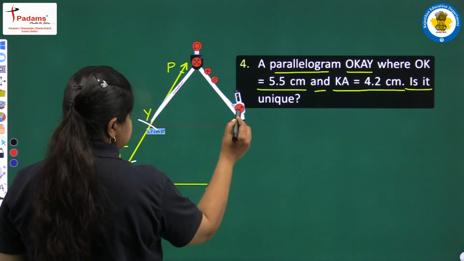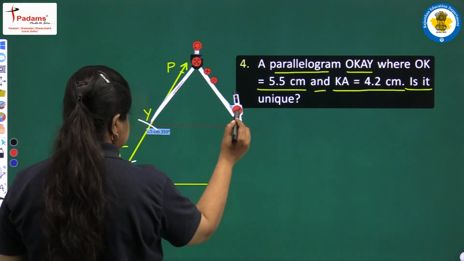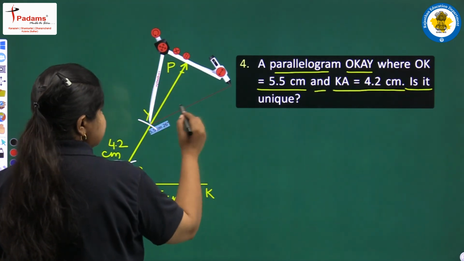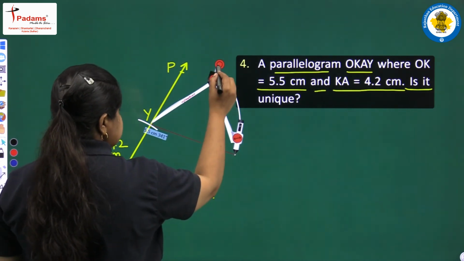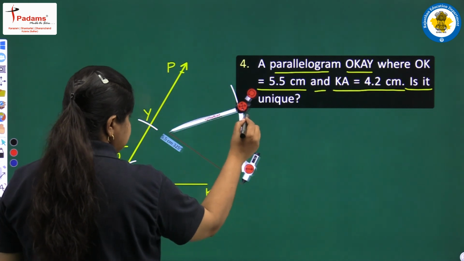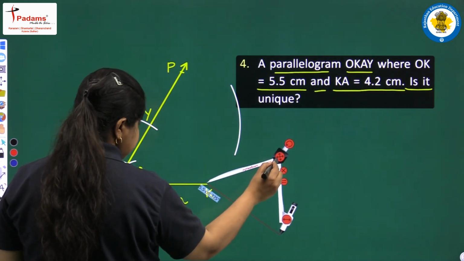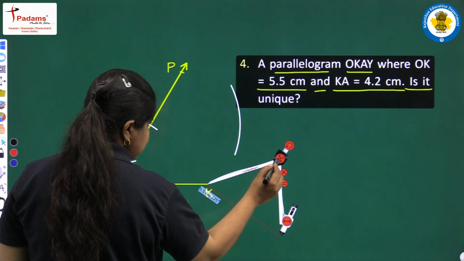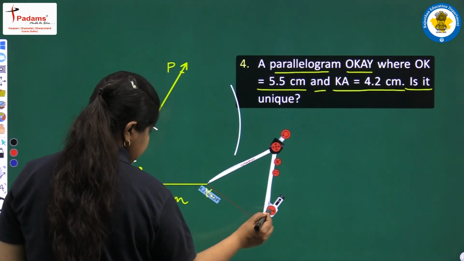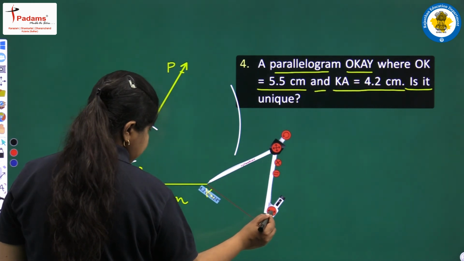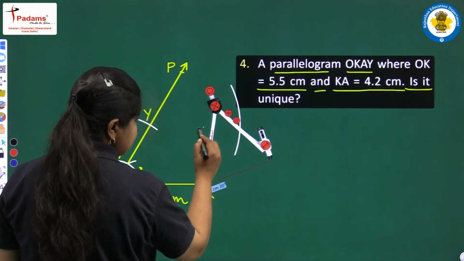Here we will take this distance 5.5 radius, and then we will draw one arc in this way, and then taking the center at point K and taking the radius again equal to 4.2, in this way we will draw one more arc.